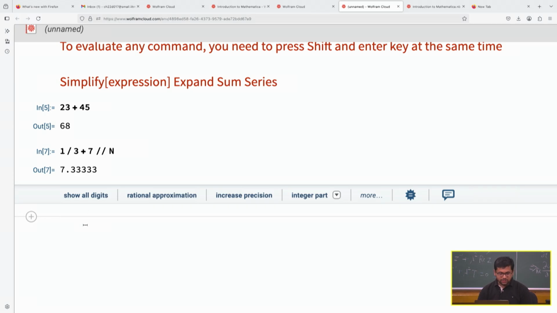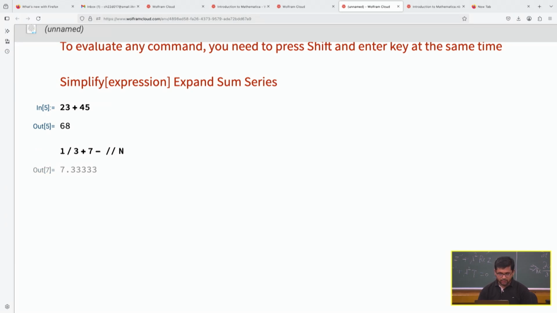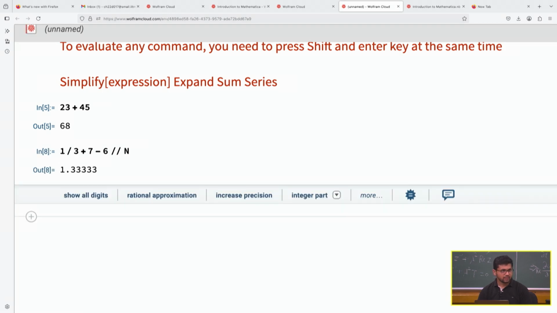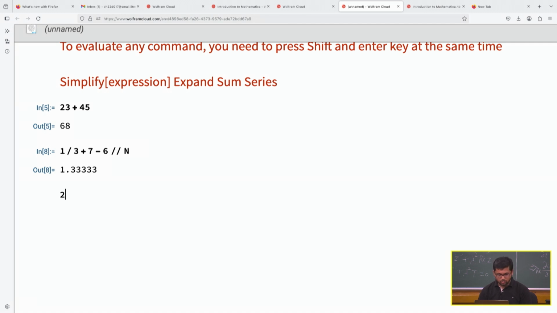So, this is about plus. You can do a similar thing for minus. You can put in the earlier command only. Let me subtract 6 from here and press shift enter. I wanted to show you how addition and subtraction are done. For multiplication, you can do a similar thing.